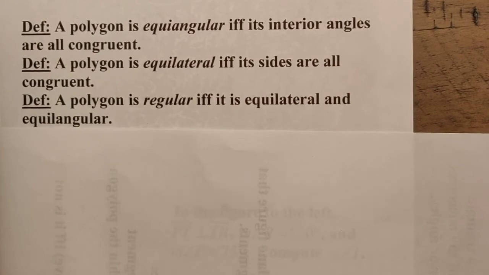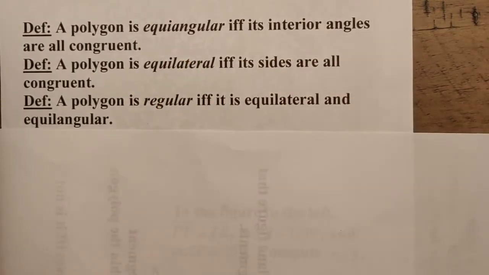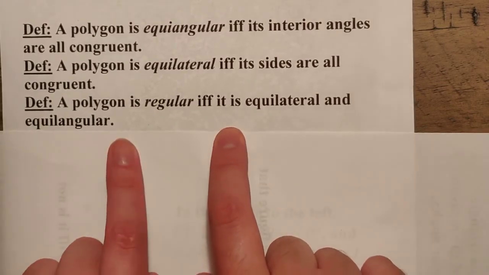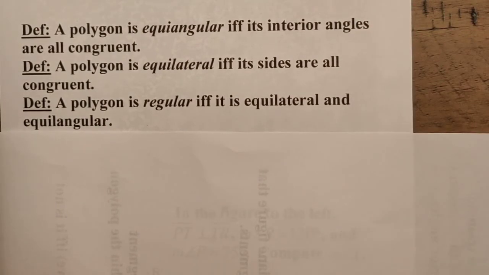As you gain complexity and more sides, equiangular and equilateral polygons don't necessarily go hand in hand. You can have equiangular polygons that are not equilateral, and equilateral polygons that are not equiangular. The ones that are both, we refer to as regular polygons. If a polygon is both equilateral and equiangular, we say it is a regular polygon.